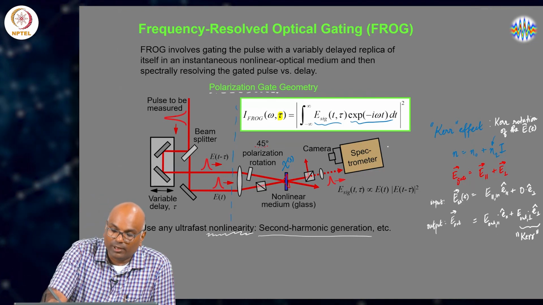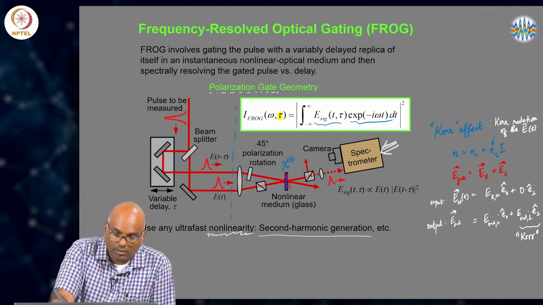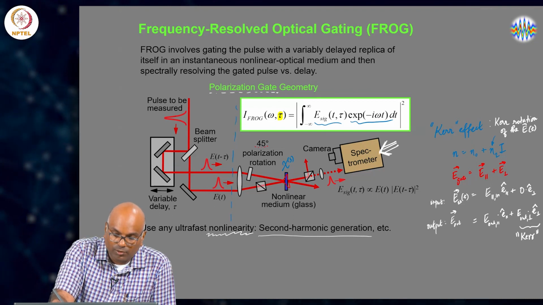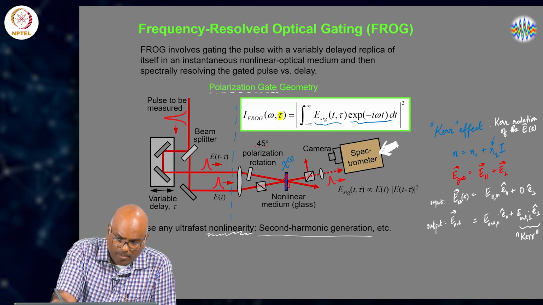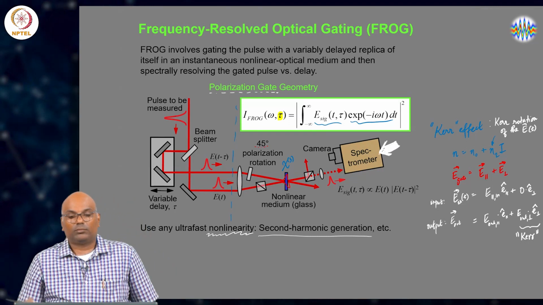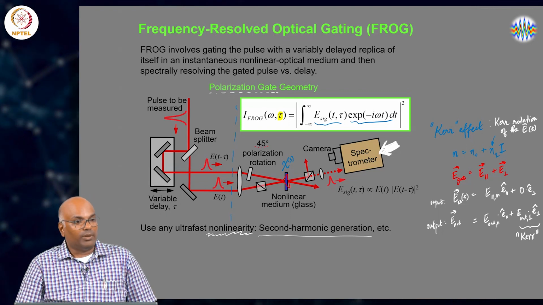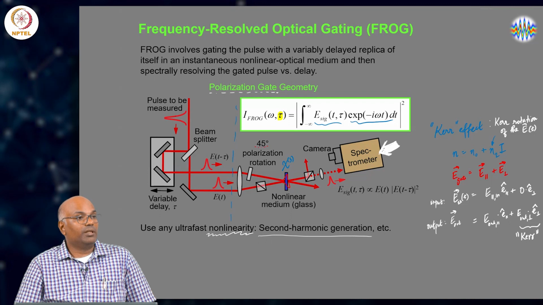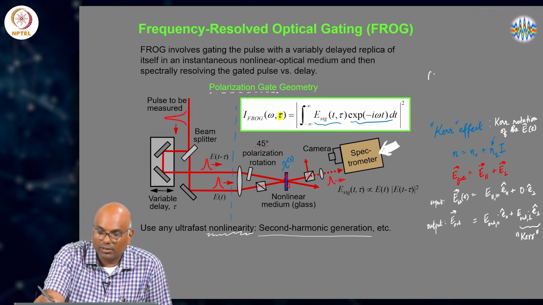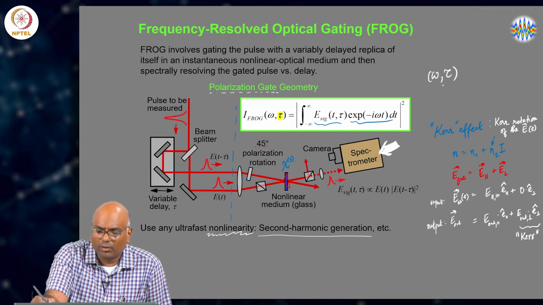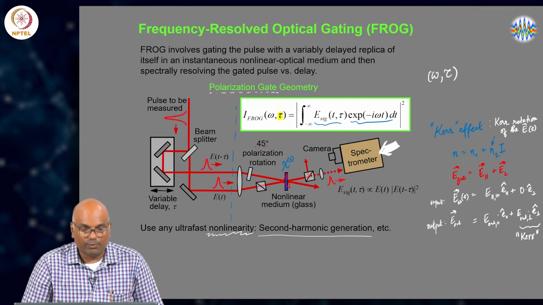But remember, the most important thing is, do not just put a photodetector, introduce a spectrometer and measure the spectrum for every delay. So, it is an omega tau measurement, spectrum and delay.